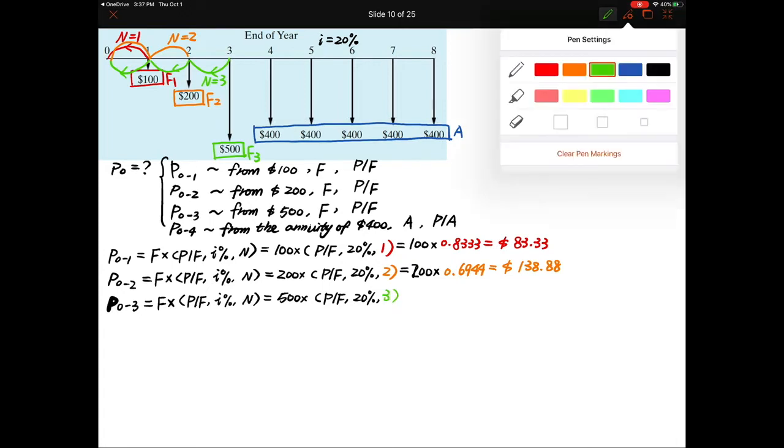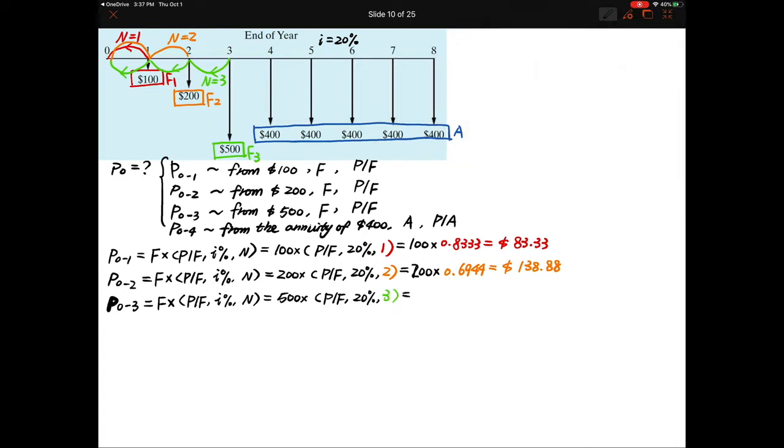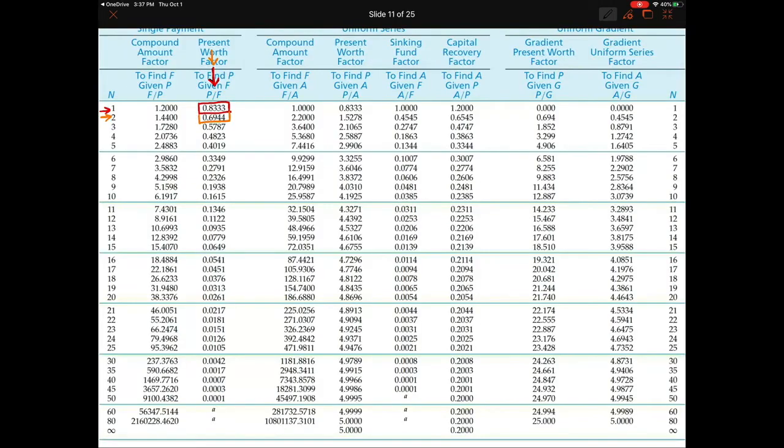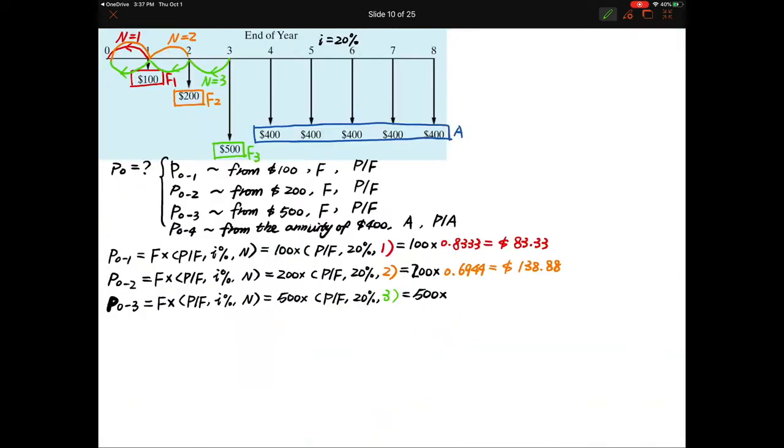So now N is 3. So it's 500 times, what's the factor value for N is 3. So still you're looking at this column because you're looking for P given F, but N is 3.